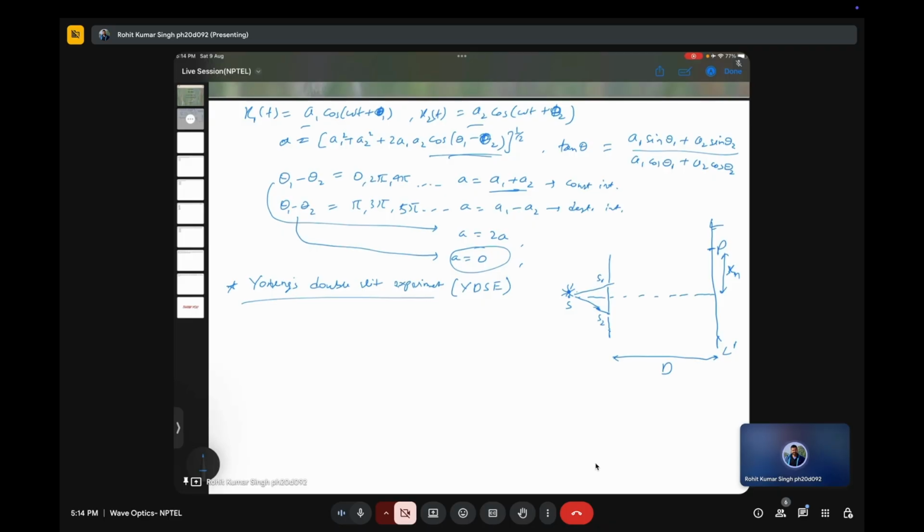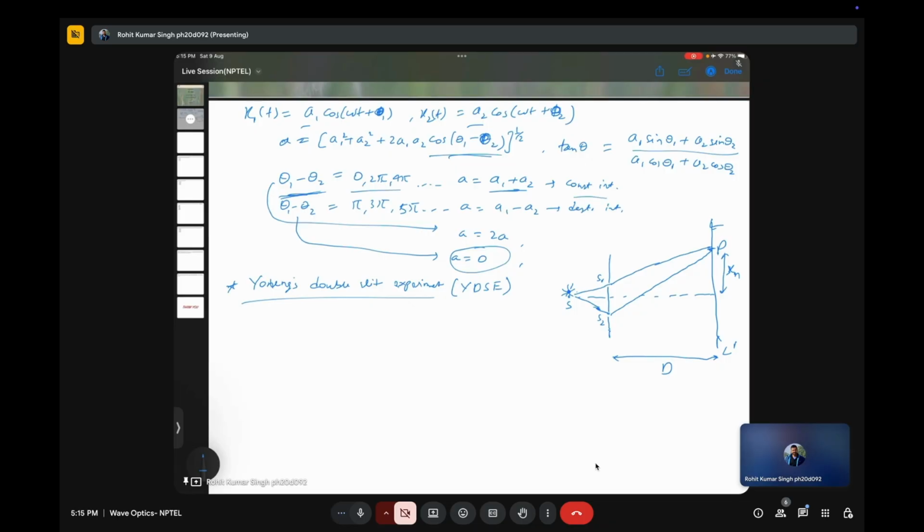What happens is that at point P there will be a light ray coming from this opening, and one light ray coming from this other opening, right? Now we know, just like we discussed, that if the phase difference between the two light rays reaching there is an even integral multiple of pi, including 0, then you will have a constructive interference, right?